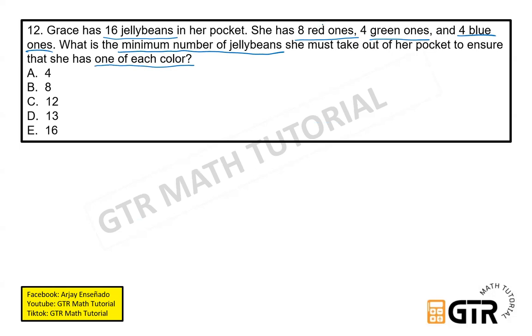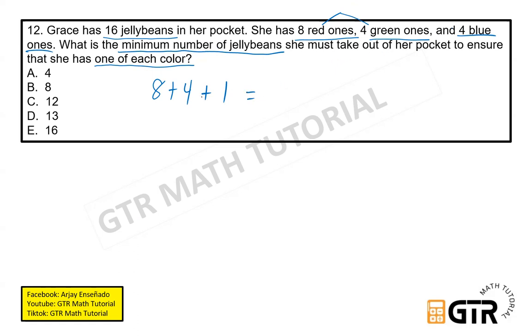Pinakamarami natin itong 8. Tapos itong dalawa magkaparehas ng dami. So, i-add lang natin itong 8 plus 4 and then mag-add pa tayo ng 1. So, ganyan lang ang formula kapag ganitong type, parang logic lang ito eh.